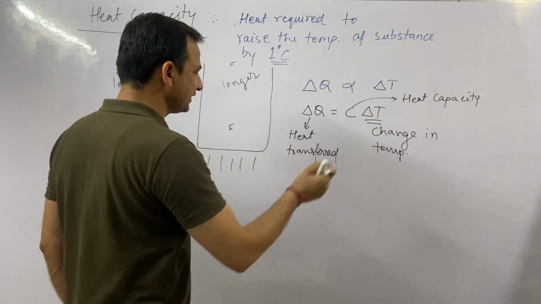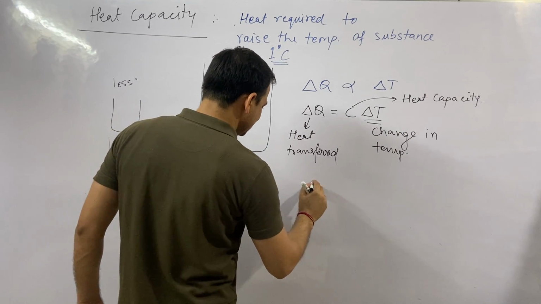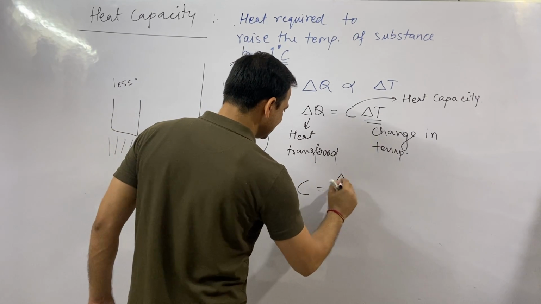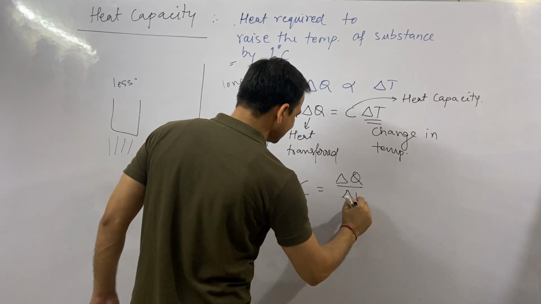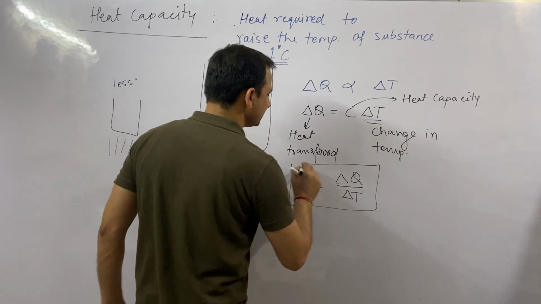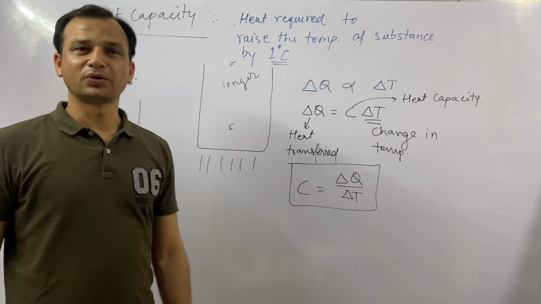So I can write this as C is equal to delta Q by delta T, and this is the heat capacity formula.